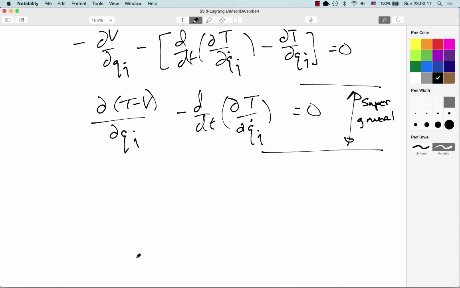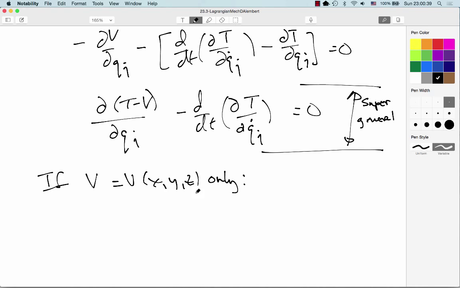Now, if our forces are conservative, so if V is just a function of x, y, and z only, then we can rewrite this by just putting in a minus V there for free, right?